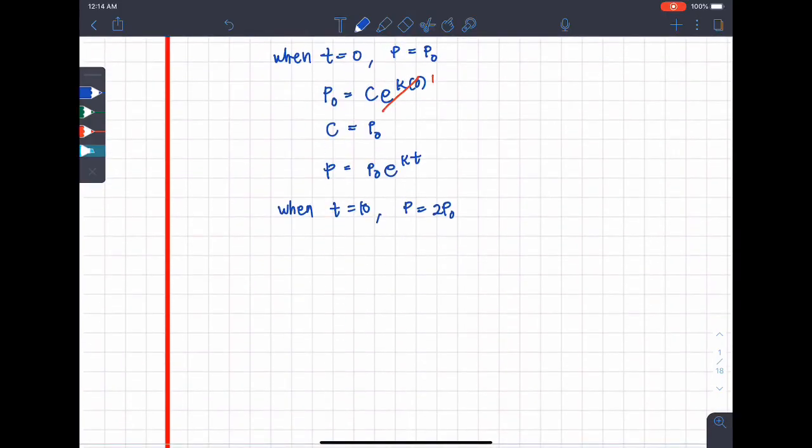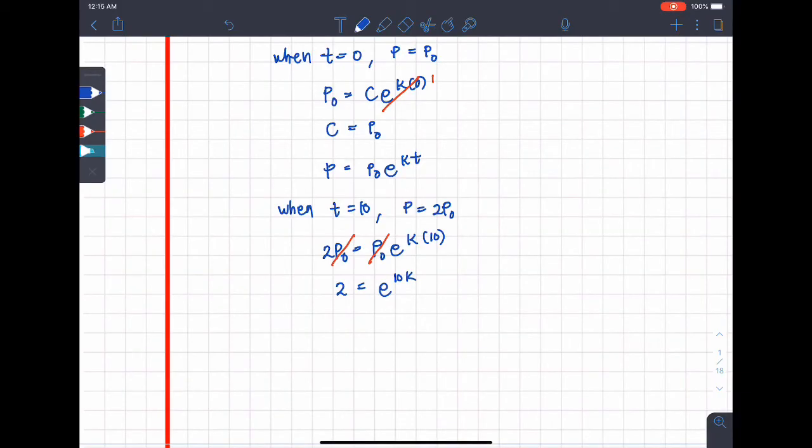Using our new formula, 2 P sub 0 is equal to P sub 0 e raised to k, and then our t would be 10. And since P sub 0 is on the left hand side as well as on the right hand side of our equation, we could cancel that out, giving us 2 is equal to e raised to 10k.